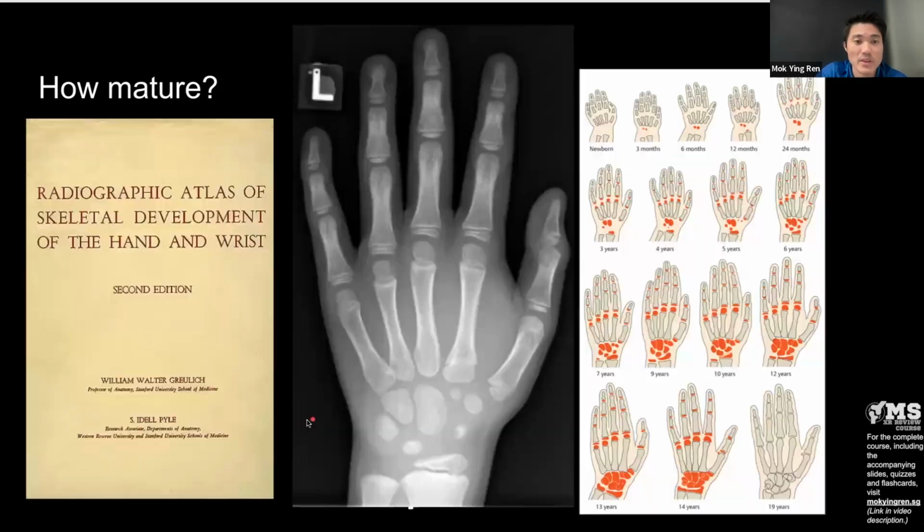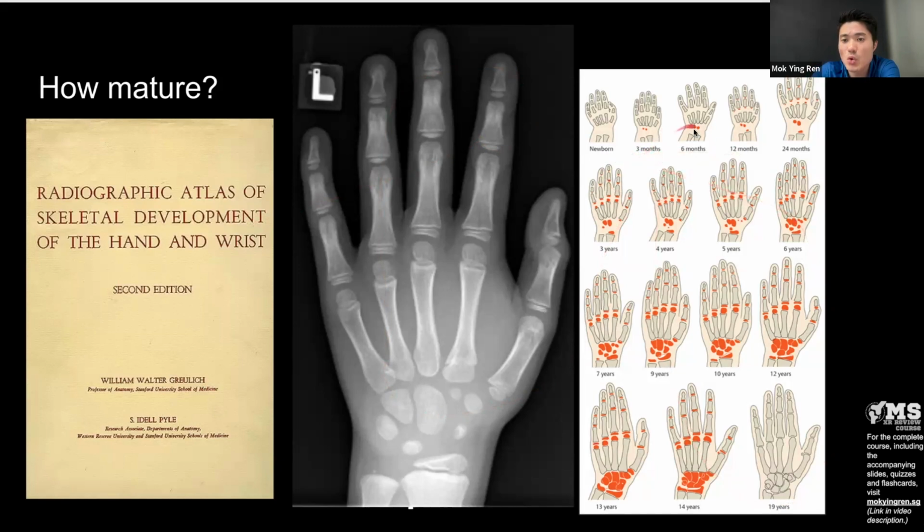All right? Fantastic. Now, a more comprehensive way to determine skeletal age would be the use of an atlas. This was done in a study many years ago, which may not be ethically approved because they took x-rays of normal patients, exposing them to radiation. But nevertheless, this is a collection of hand x-rays of young patients of various ages, from newborn all the way to 19 years.